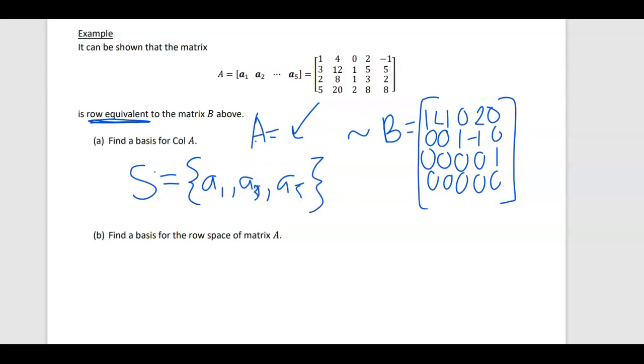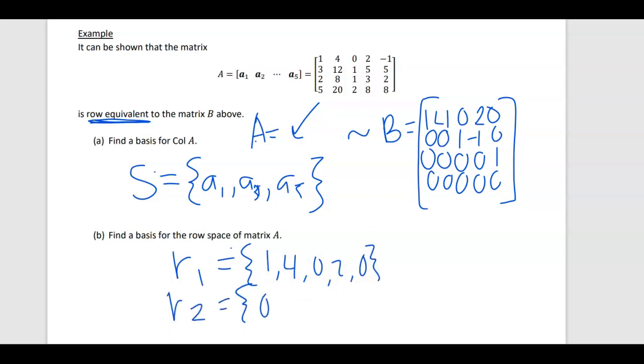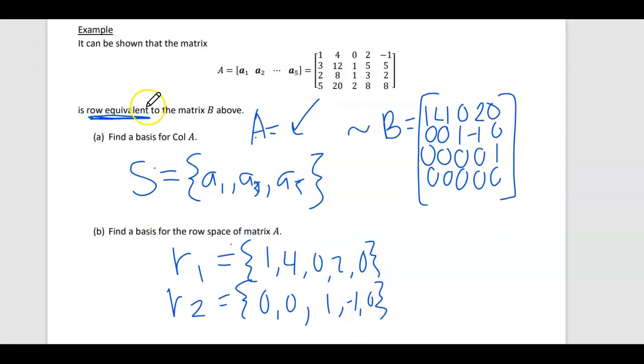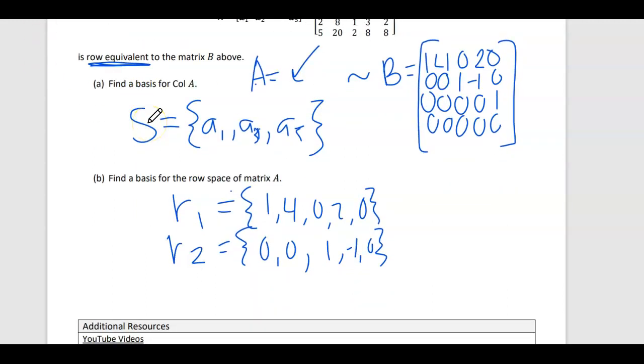Also, a basis for the row space must be row 1, row 2, and I ran out of room here, so let me slide this down. Row 3, like so.